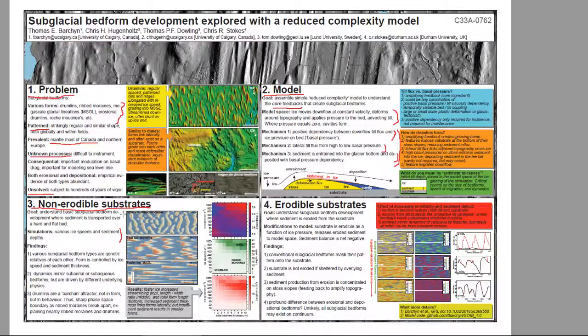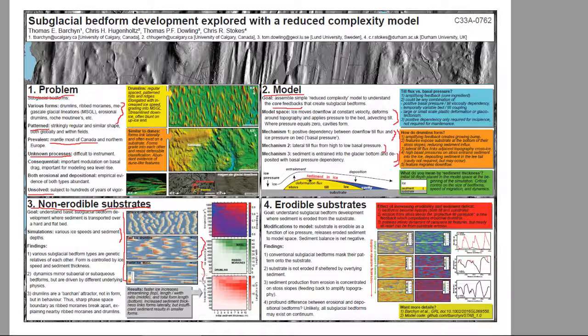And the huge finding, I think, is just these three pictures here. The top is very low ice speed. It's what's known as Rogen moraines. So very slow ice speed creates Rogen moraines, and as you increase the ice speed, you get more streamlined features. And this second one here is basically drumlins.